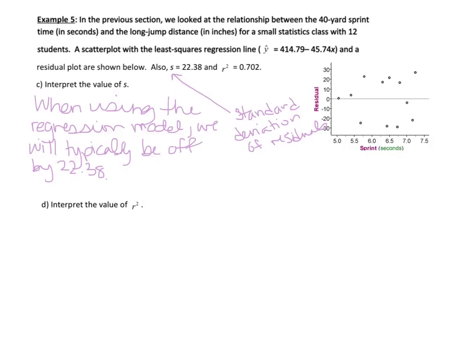So the next thing that we're going to talk about is the value of r squared. And we almost always write the r squared as a percentage, so I'm just going to change it to 70.2%. So the way that we're going to interpret this is that we would say something like 70.2% of the variation, you sometimes will hear it referred to as variability, in, and then you're going to put whatever your y value is.